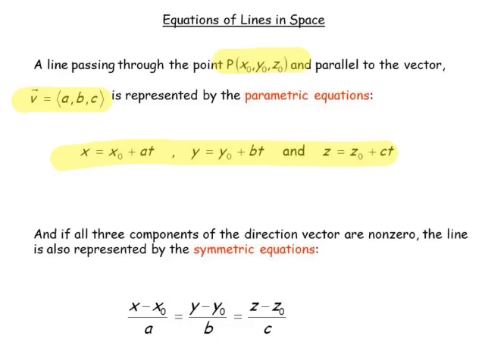Now, as long as all three components of the direction vector are non-zero, you will be able to write the symmetric equations as so. If there is a zero component, you won't be able to write all three symmetric equations.